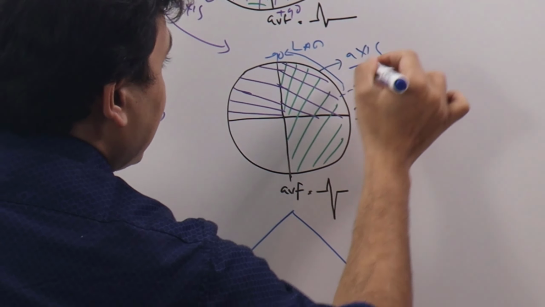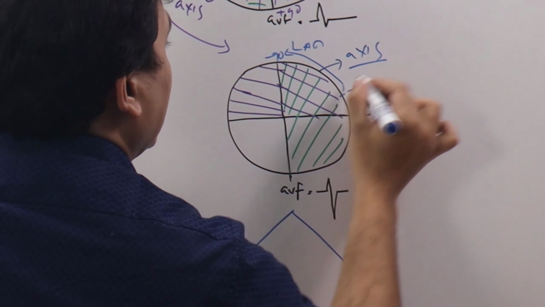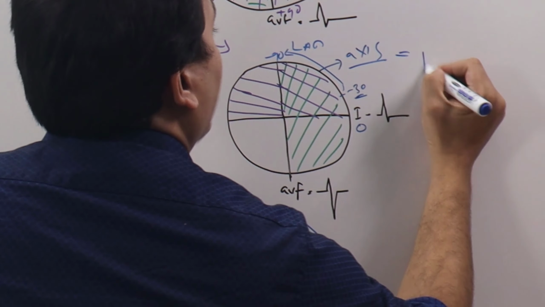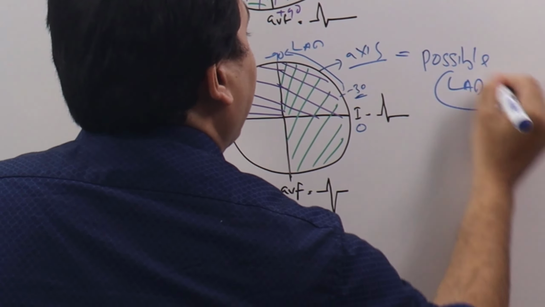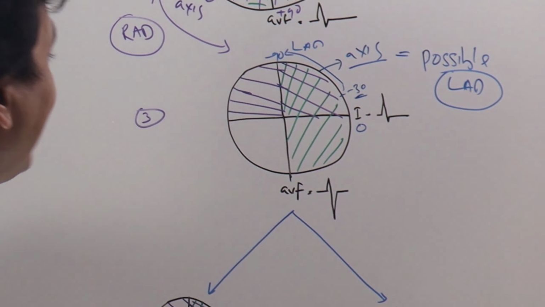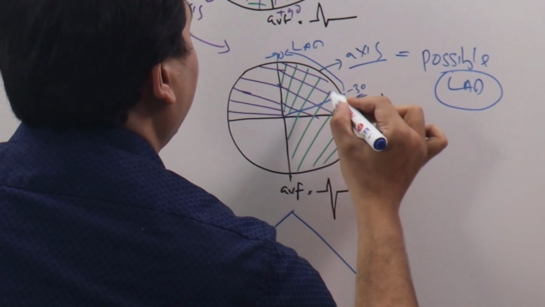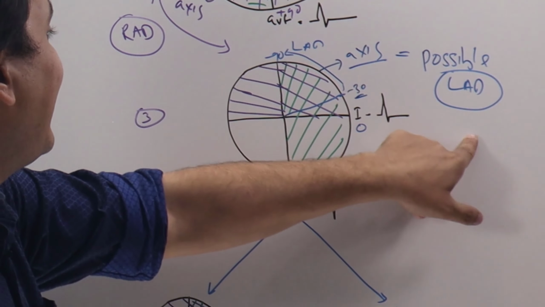Because this axis comprises 0 to minus 90, if lead 1 is positive and AVF is negative, it can be possible LAD, left axis deviation. Not 100% sure, because the axis can lie within minus 30 degrees also, in which case it will be normal axis. So how do we differentiate between possible LAD and LAD?